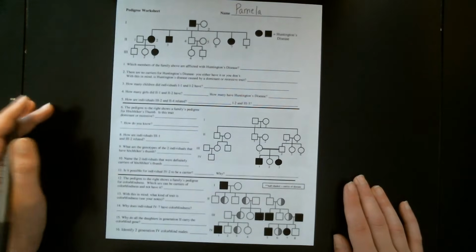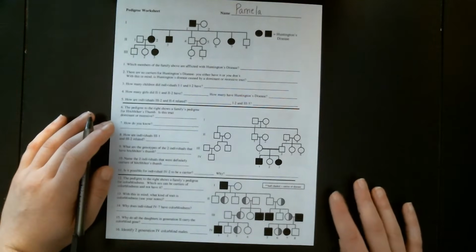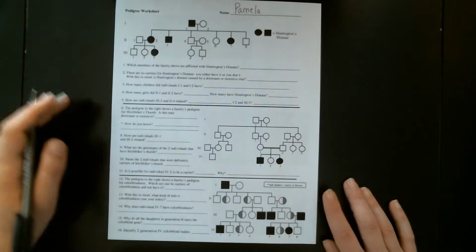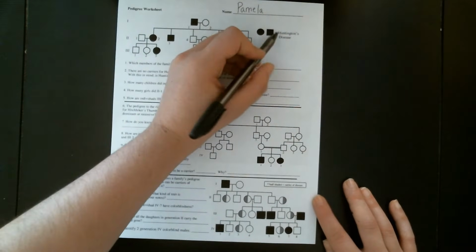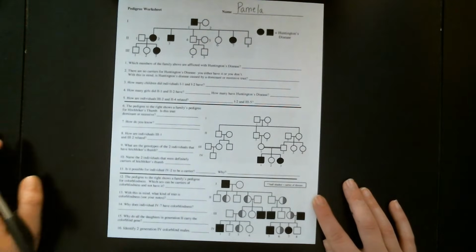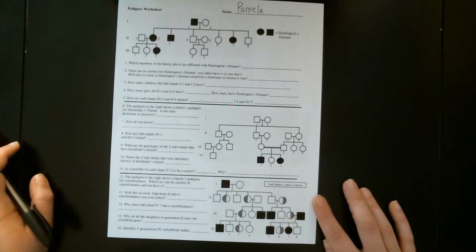So it might be kind of hard to decipher what we're looking at first, but I will explain it to you. So first of all, over here it says that we are looking at Huntington's disease. So this is a very, very awful disease. It causes degeneration of the brain, and it's very, very terrible.